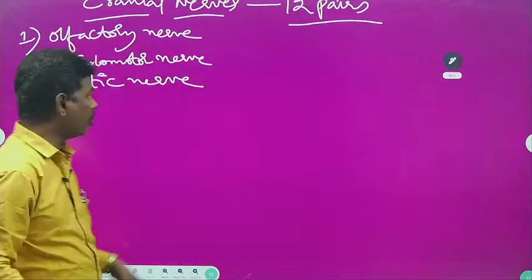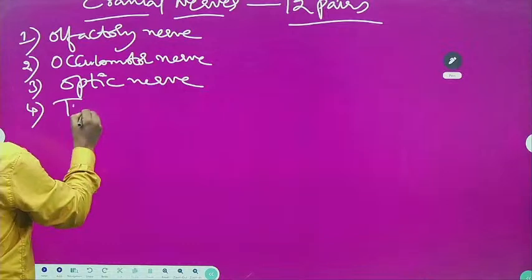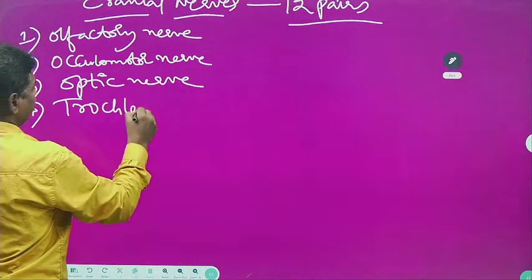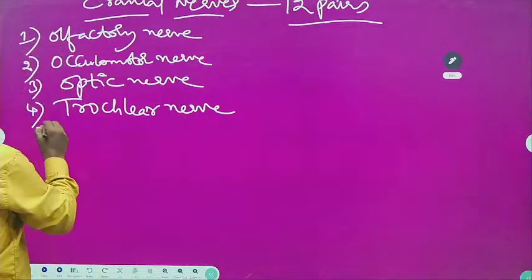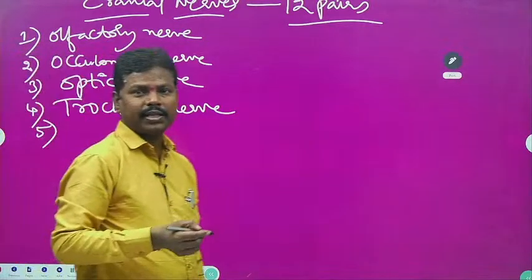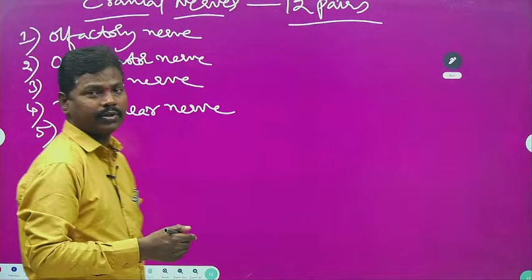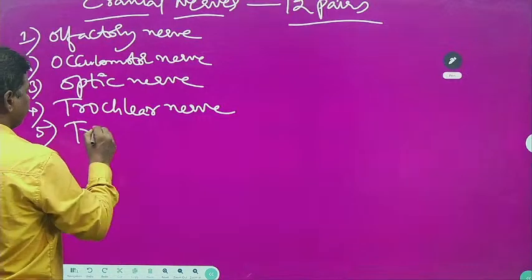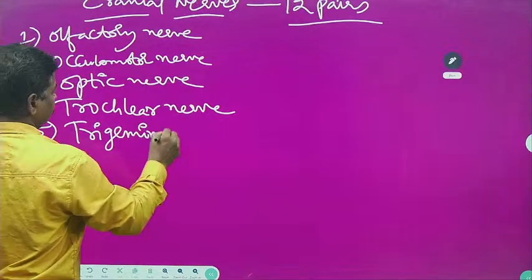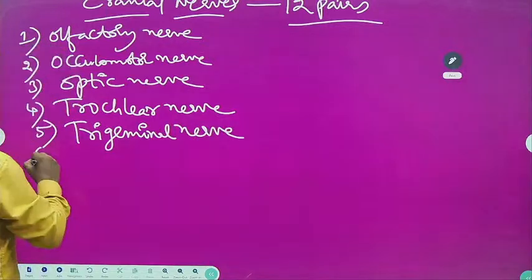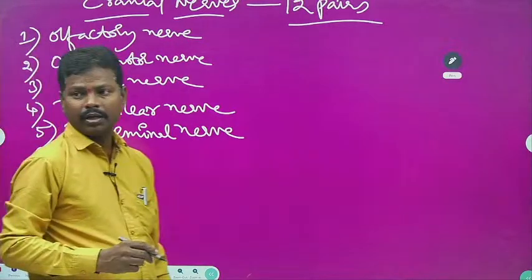Fourth one is trochlear nerve. Fifth one is trigeminal nerve. Sixth one is facial nerve.